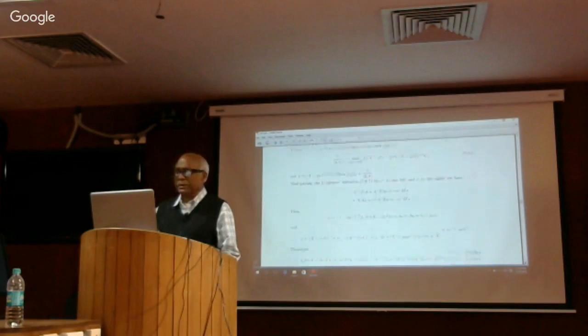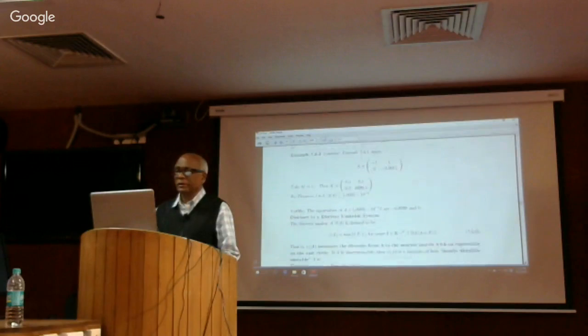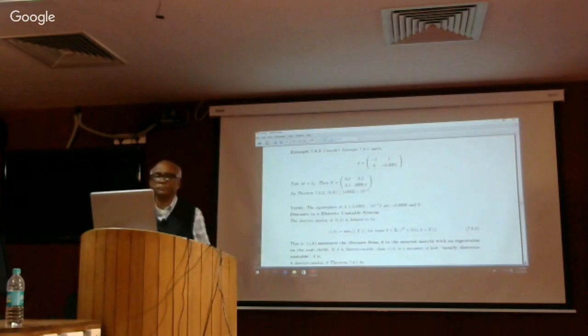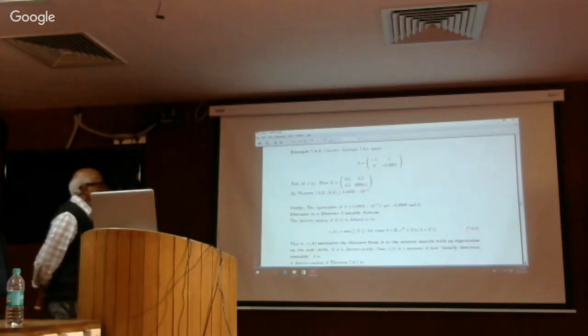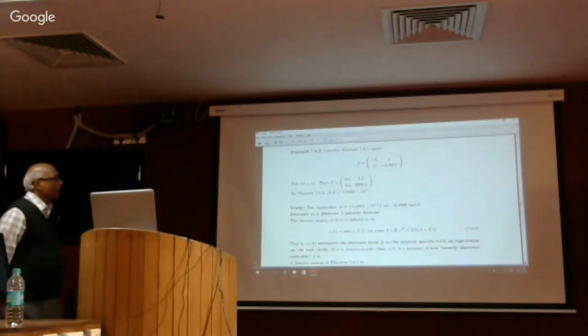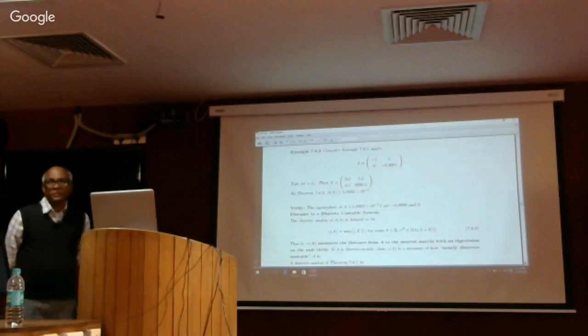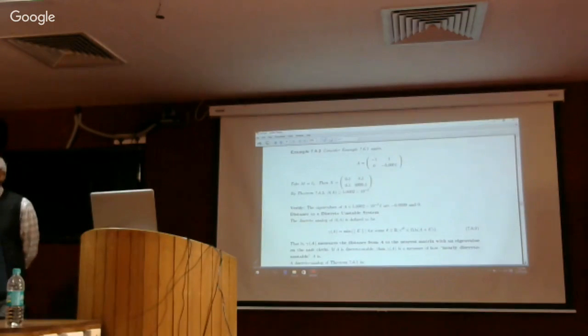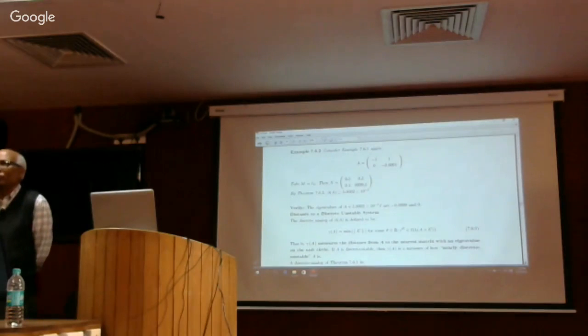And there is an example here to show you. Let's see, a very small example. The matrix A, you can see, has eigenvalues -1 and -0.0001. That means the matrix A is stable theoretically, but it's very close to an unstable system, right? Because there is one eigenvalue very close to 0.